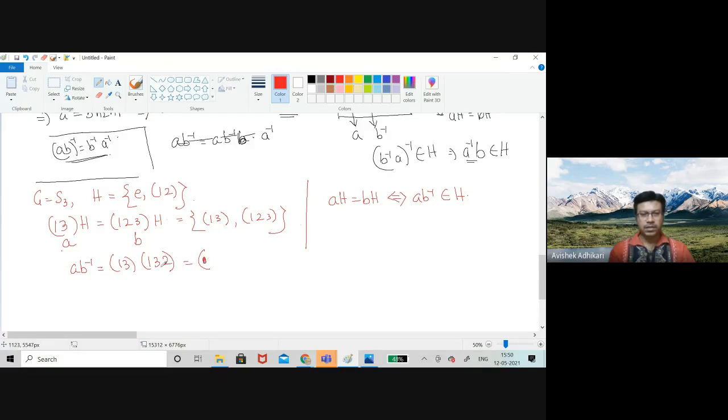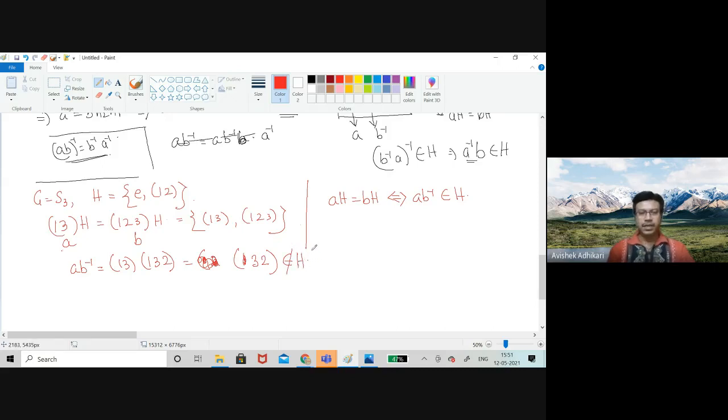Sorry, 1 goes to 3 and 3 goes to 1. Then 3 goes to 2 and then 2 goes to 2. So 3 goes to 2, 2 goes to 1 and 1 goes to 3. So 2 goes to 3. So this one, see, this is not within H.